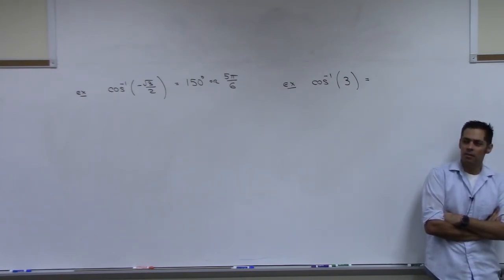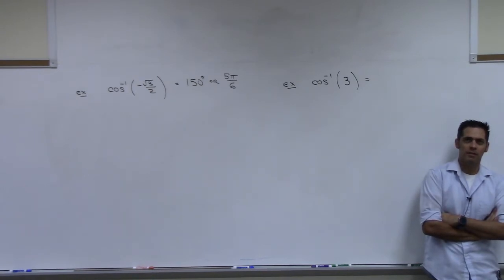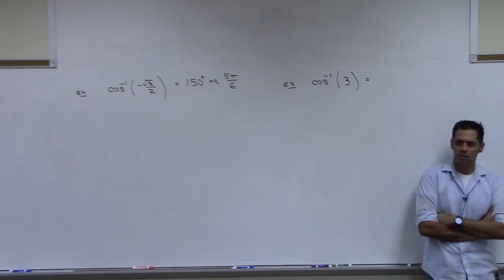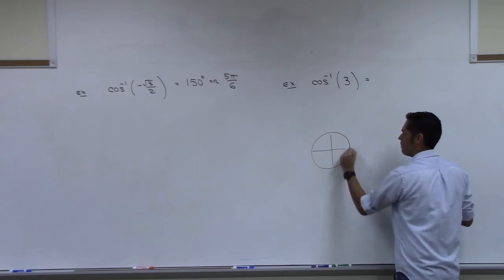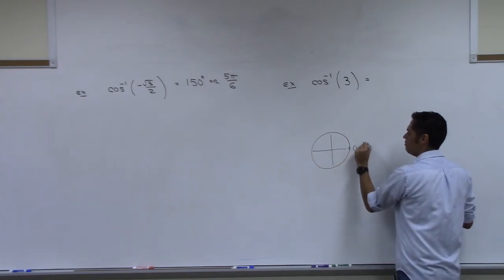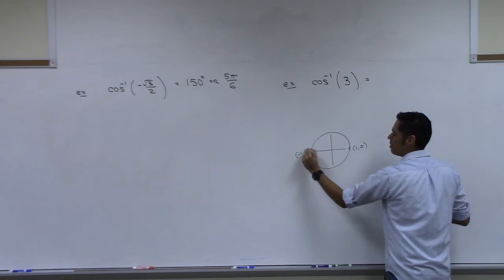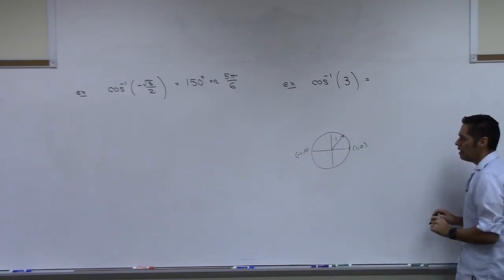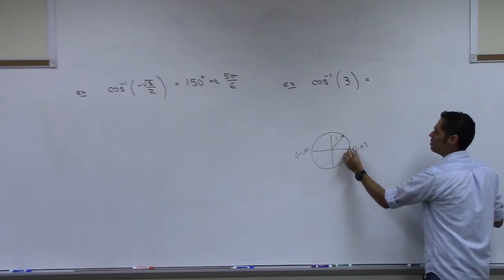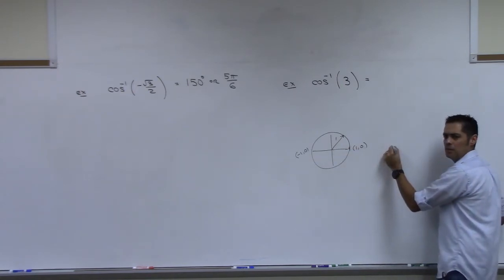At what angle is the x-coordinate 3? But where are you looking for that? You're supposed to be on the unit circle, but that's not on the unit circle. Our unit circle has points 1, 0 and negative 1, 0, so it has a radius of 1. That's why we called it the unit circle. And 3 is out here.